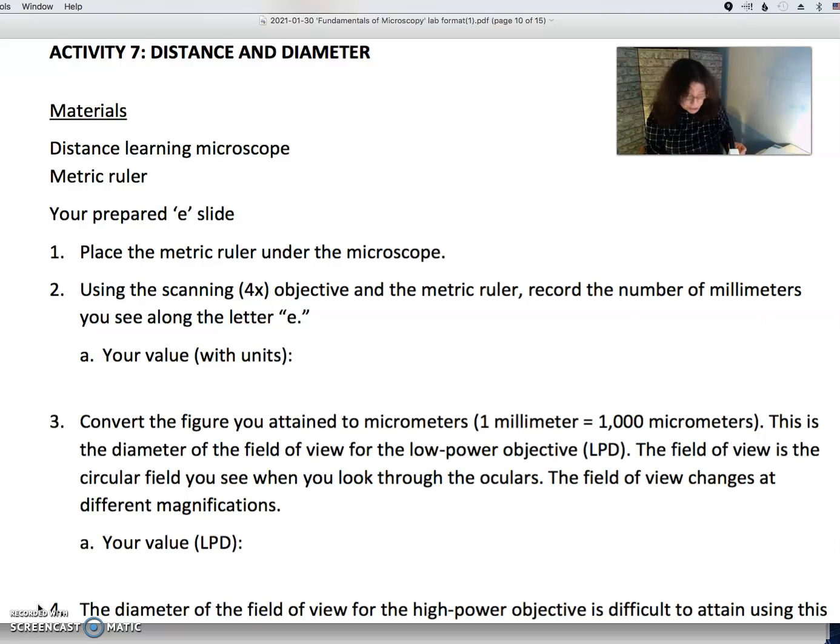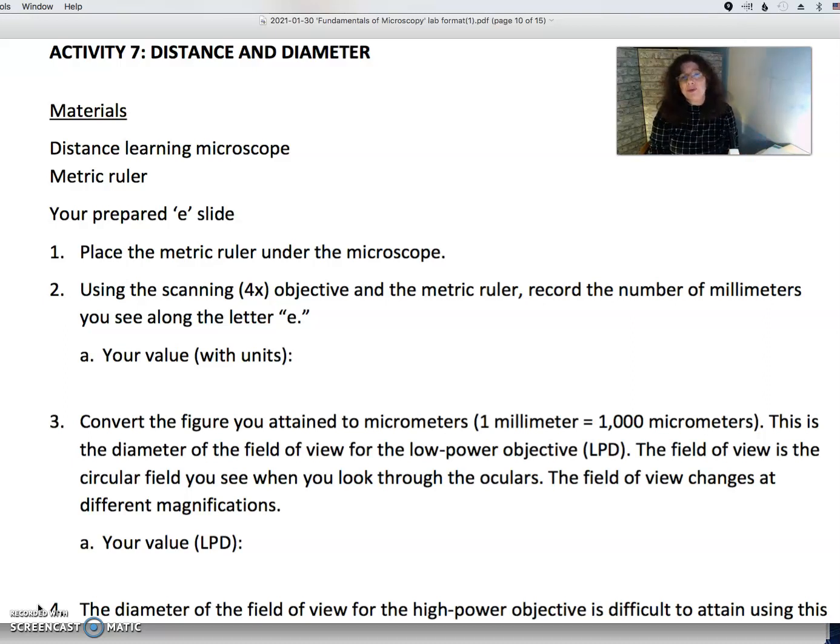objective. So when you do that, you have to note here how many millimeters you saw under the 4X objective, and then do calculations to get to micrometers.